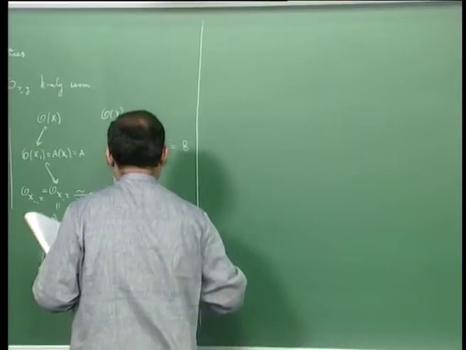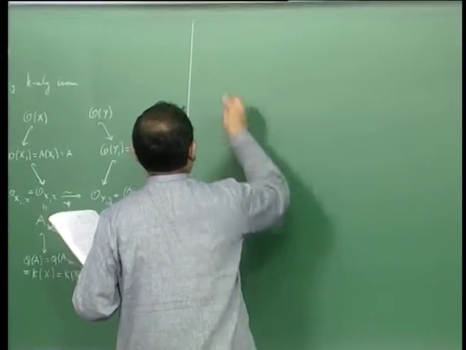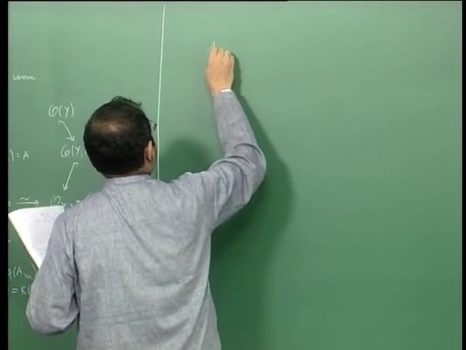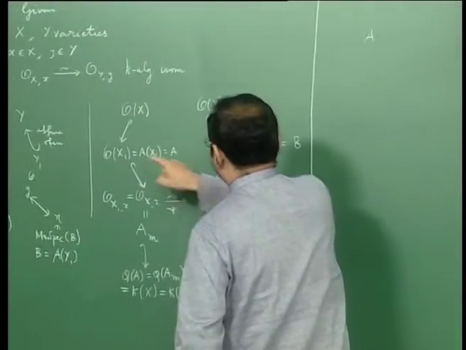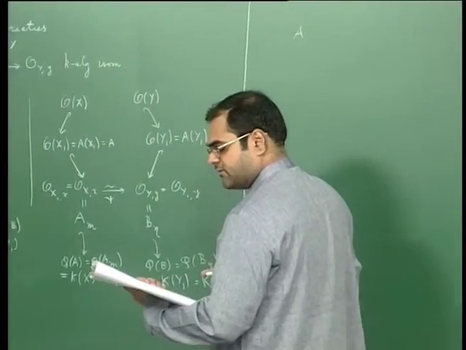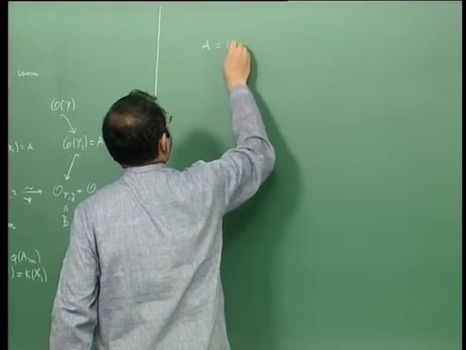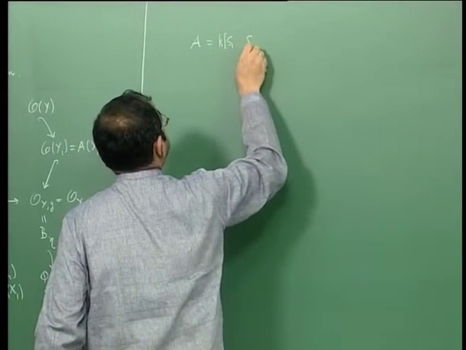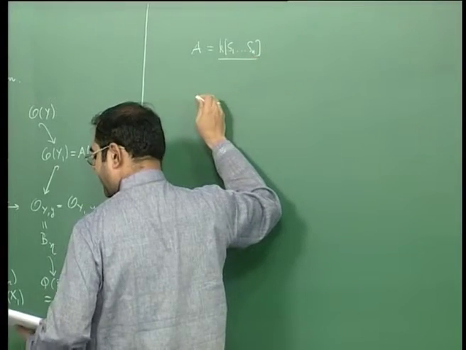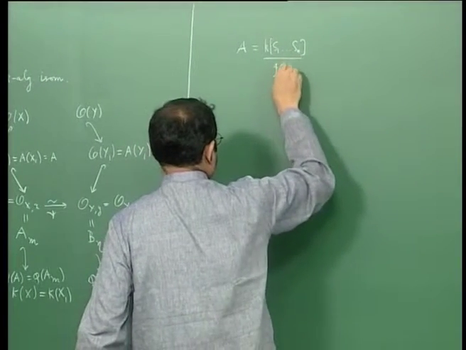we had assumed that your A, which is the affine coordinate ring of x1, if I look at the notation, A was k[s1, ..., sn] divided by the ideal of x1.